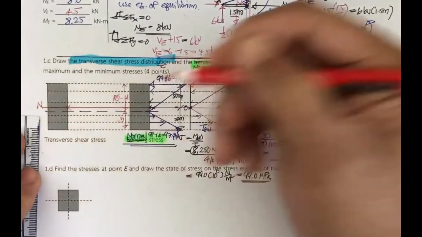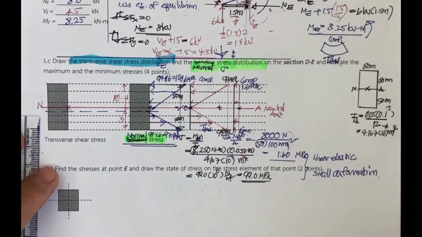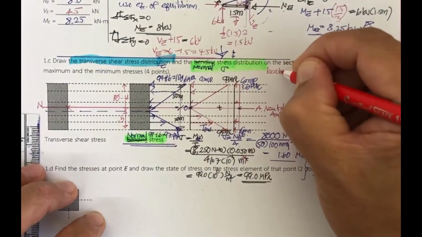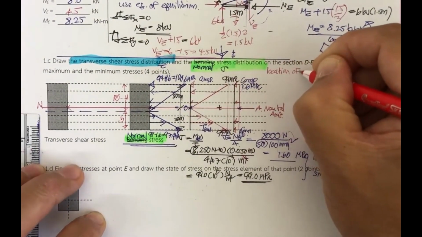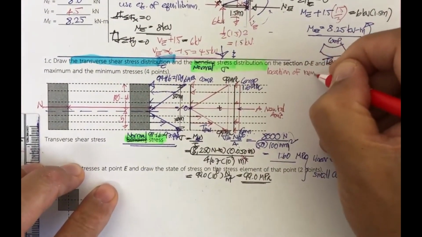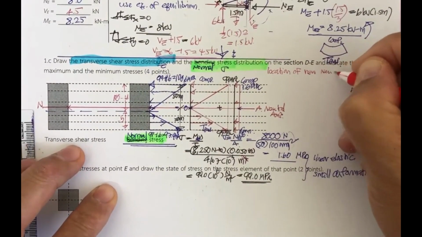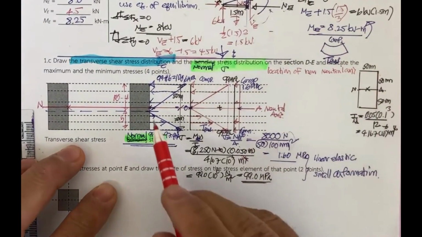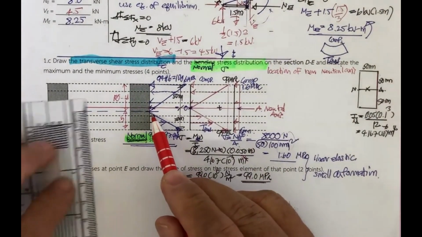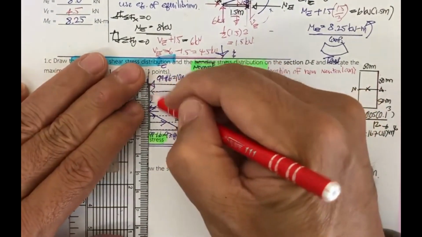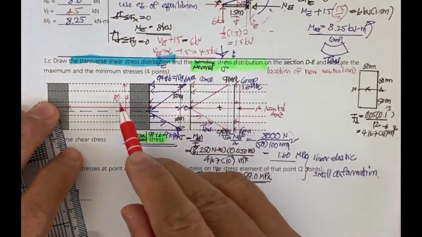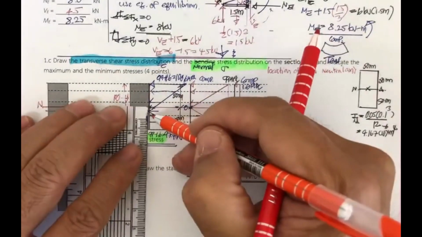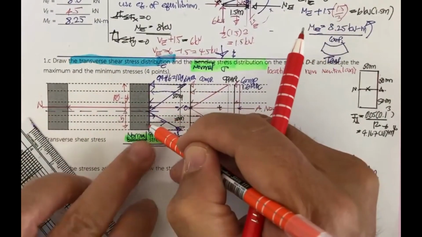We can determine the location of the new neutral axis by using similar triangles. By similar triangles, you can see this is going to be 100 minus y, and this is going to be the distance y.